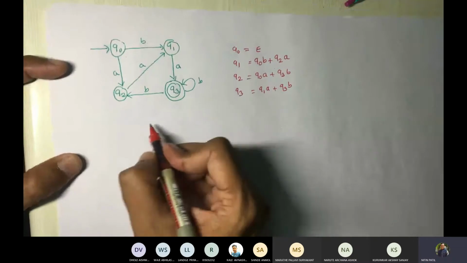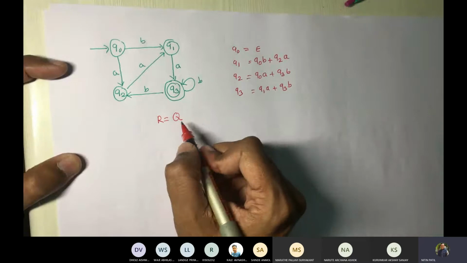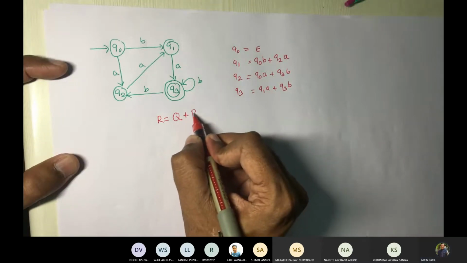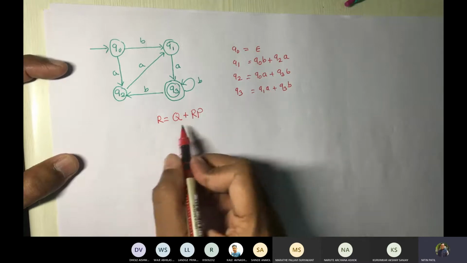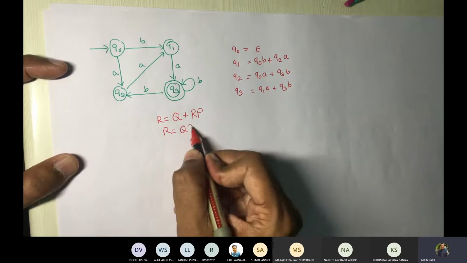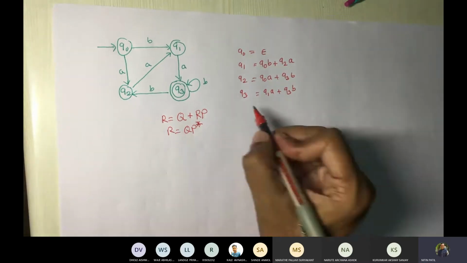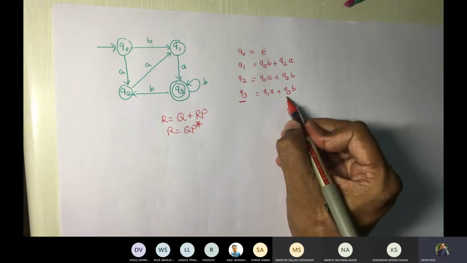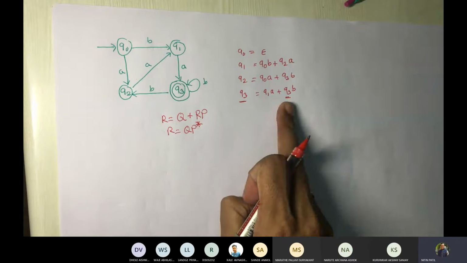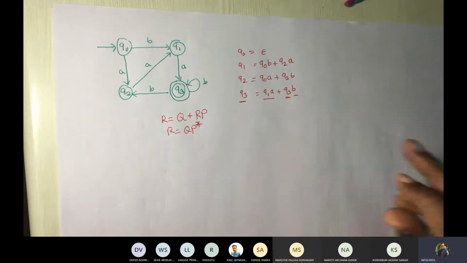We said that Arden's theorem is: if P, Q, R are three regular expressions and we see this kind of equation R equal to Q plus RP, then this can be written as R equal to QP star. So let us assume that this and this are matching. Q3 in this case is matching. I will call this one regular expression, this another, and this Q3 would be the third.